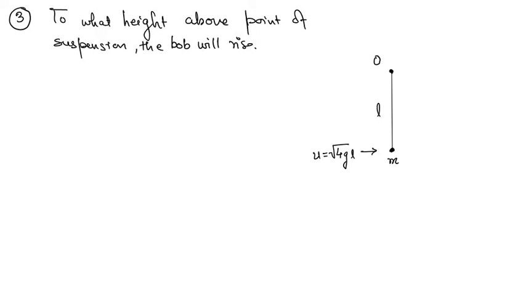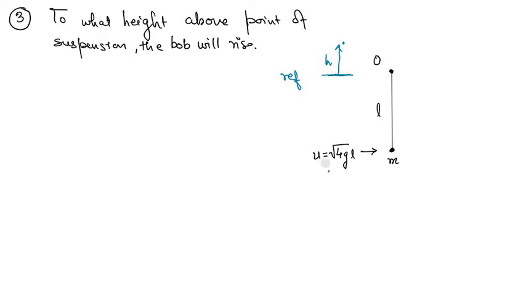So your point of suspension is this O. Let's frame this as level O. So this is your reference point. I am asking what will be the maximum height from the point of reference that the bob will reach. So I have to find this h. If the bob will move this height, then what is this h? That is a simple question that I am asking.